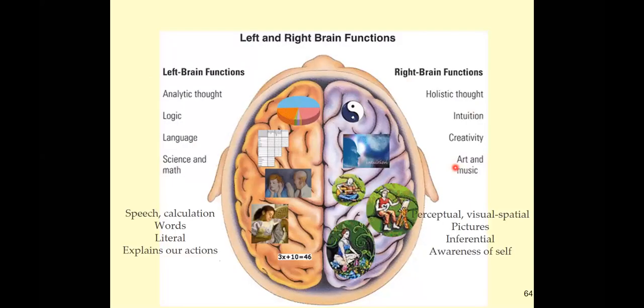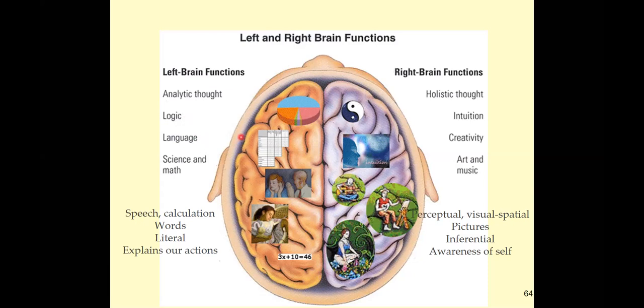Okay, so here are some pretty well established specialties of each side of the brain. The left side of the brain is involved in analytical thinking. So when we're thinking through things logically, step by step, examining each of the details and facts, that's the type of thinking the left side of the brain does.